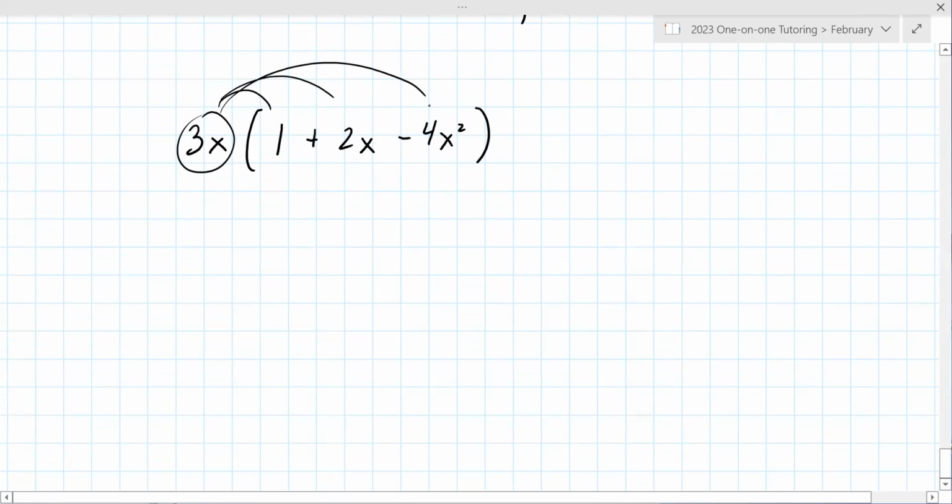Tell me term by term here. What is 3x times 1? It's 3x. Good. And then the 3x times the 2x. 6x squared. And then 3x times negative 4x squared. What does that become?